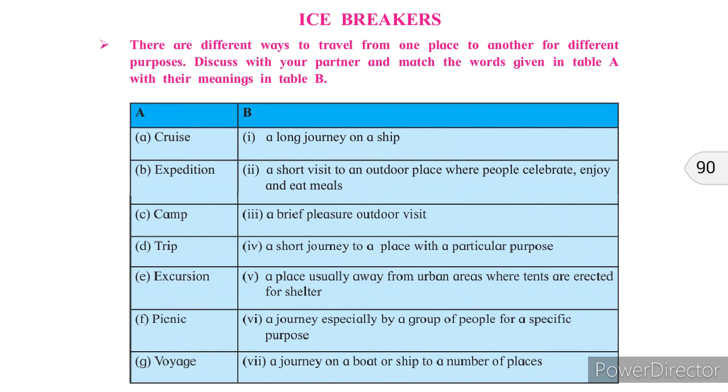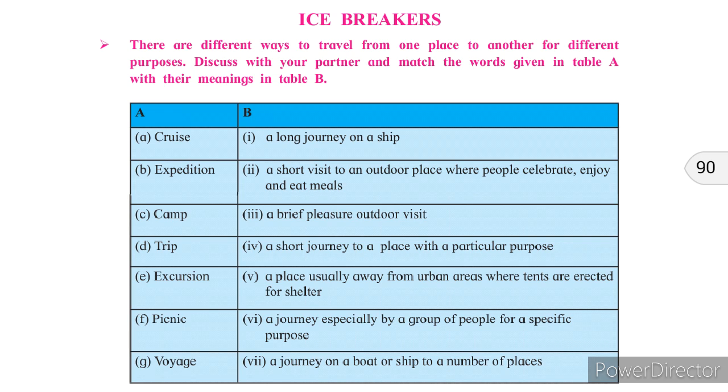So in column B, the sixth sentence is the correct answer for expedition. The third concept is camp. Camp means a place usually away from urban areas where tents are erected for shelter. So in column B, the fifth sentence is correct for camp.